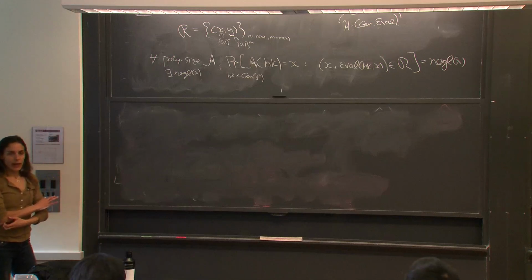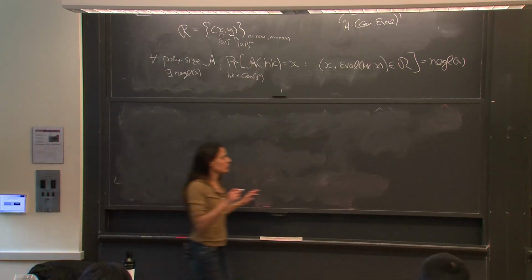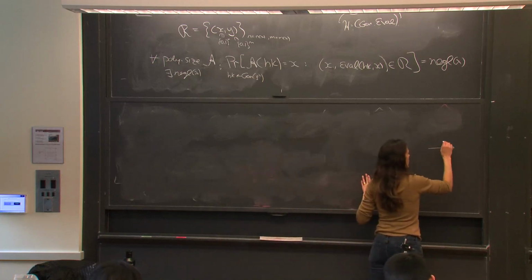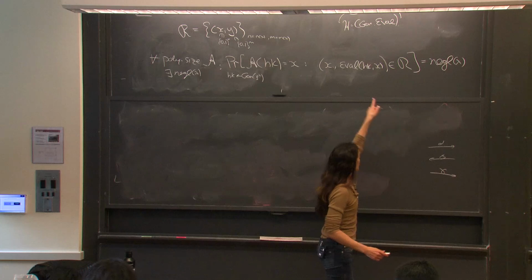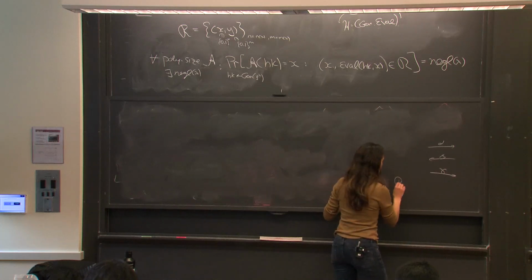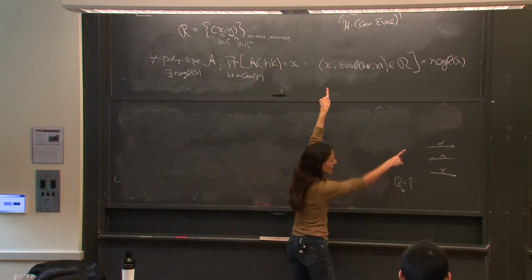Okay? And here the idea is, think of any interactive proof of the form alpha, beta, gamma. Think of the relation being the relation sub x. Take x not in the language. This x corresponds to alpha here.